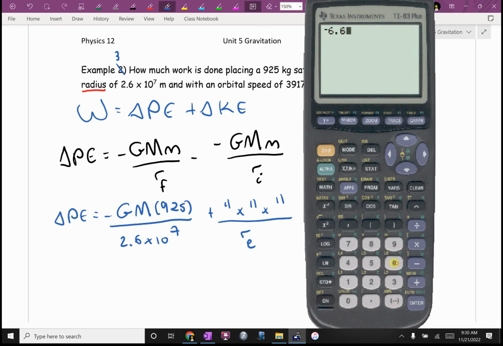Negative 6.67 times 10 to the negative 11 times 5.98 times 10 to the 24th times 925 divided by 2.6 scientific notation button 7.